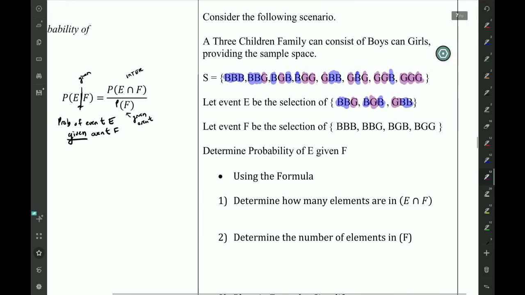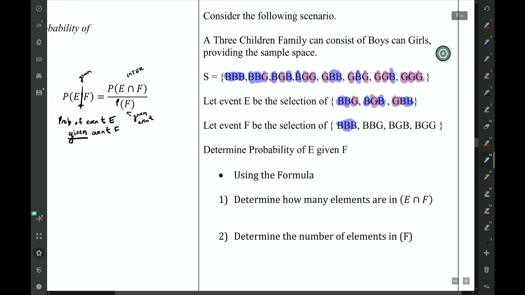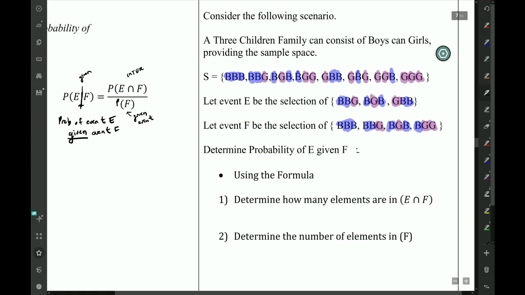Let event F be the selection of boy, boy, boy, boy, boy, girl, boy, girl, boy, or girl, boy, boy. Like, oh my, what is going on? Okay, it says determine the probability of E given F. That means all it wants you to do is find the probability of E such that F has occurred.